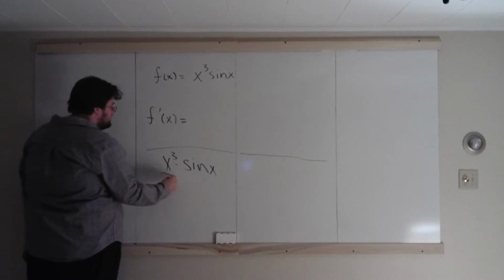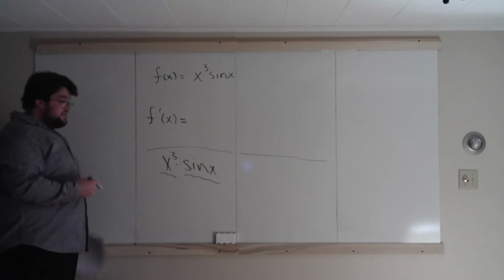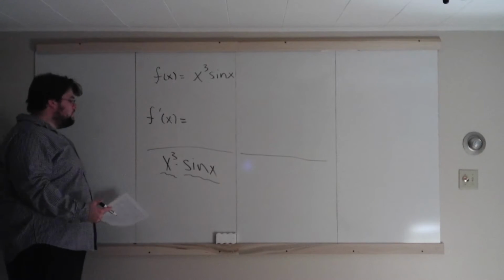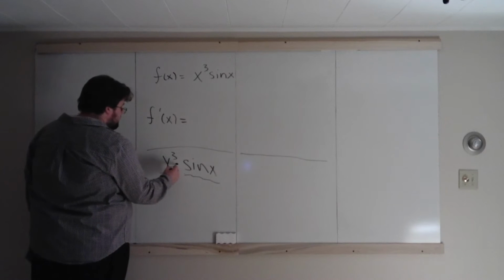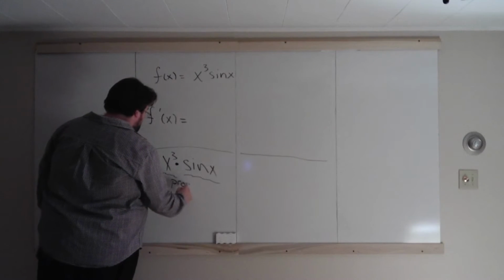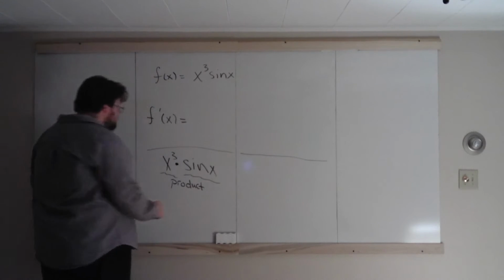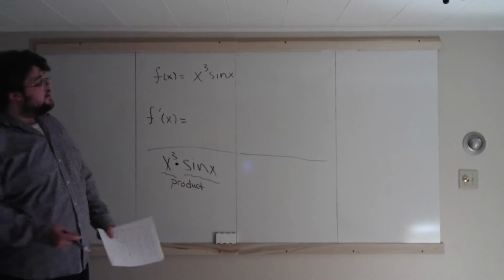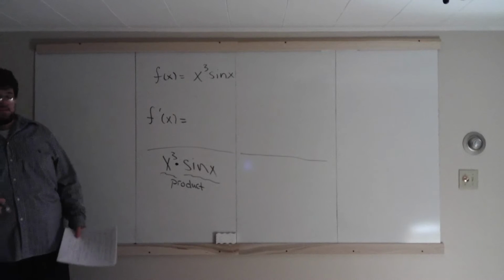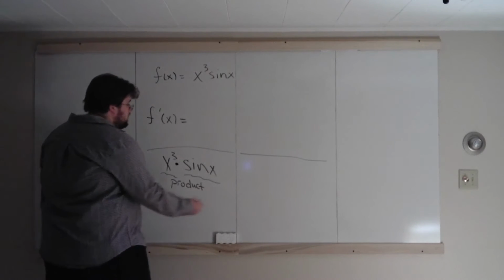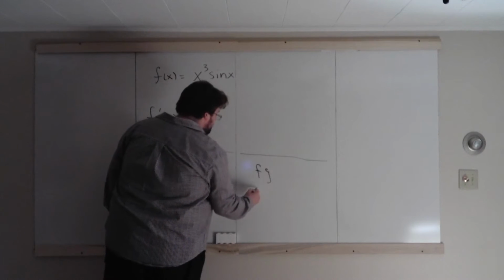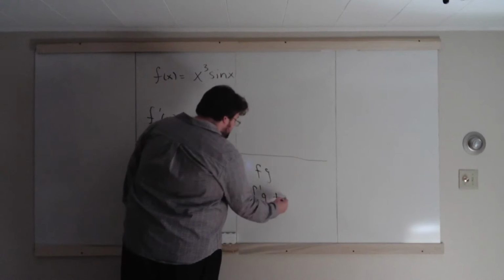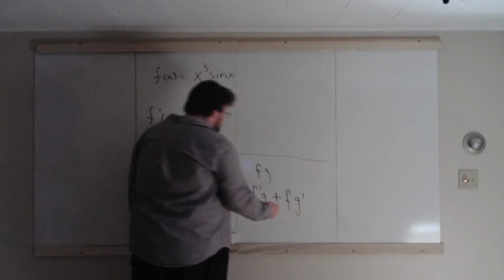x cubed sine of x, in its most basic sense, is one function times another function. They form a product, so we will use the product rule, rule 5. Rule 5 said the derivative of f times g was f prime times g, plus f g prime.